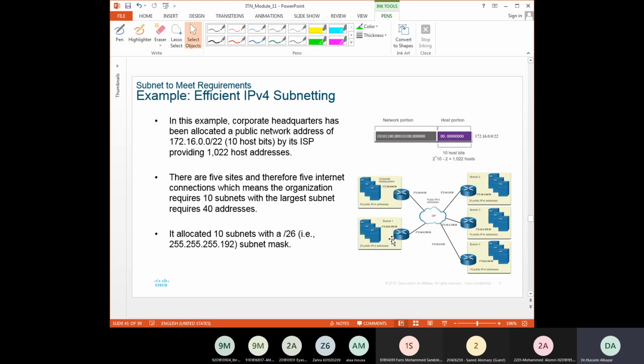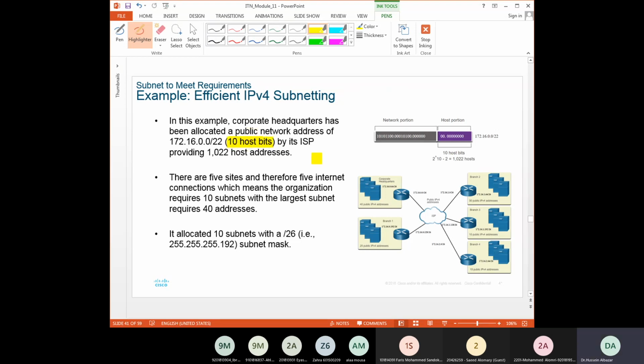So let us take an example. Suppose in an organization we have the following address space: 172.16.0.0/22. What does /22 mean? It means we have 22 ones for the subnet mask, so the network portion has 22 bits and 10 bits for the host bits.